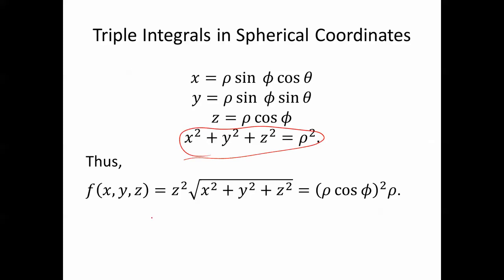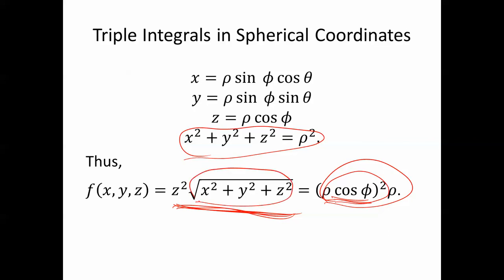Thus, f of xyz, which is z squared times the square root of x squared plus y squared plus z squared, this was the integrand, the function we were integrating, becomes this, because z equals rho cosine phi, so z squared is this, and what I'm circling here, the square root of stuff, that's just plain rho.